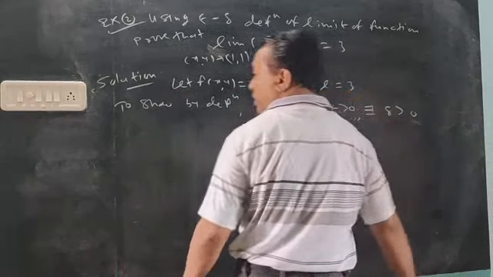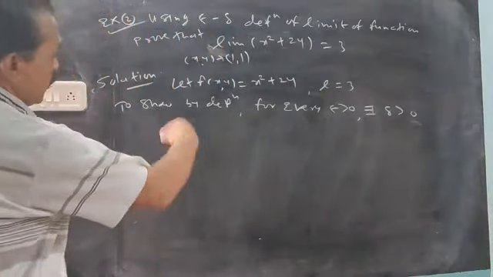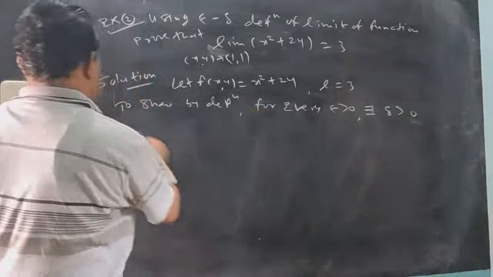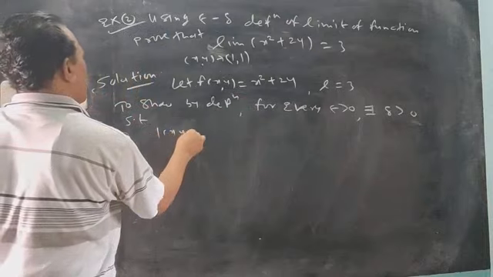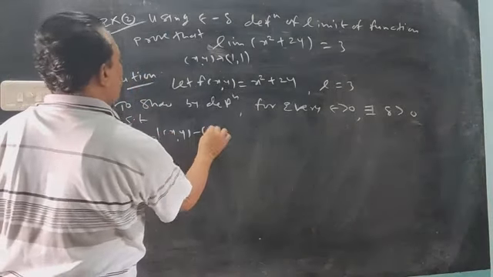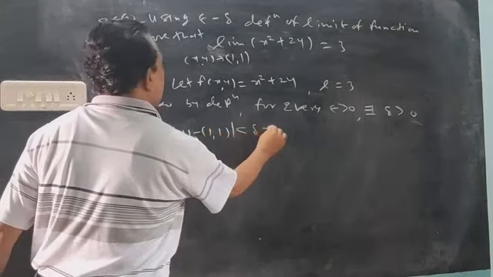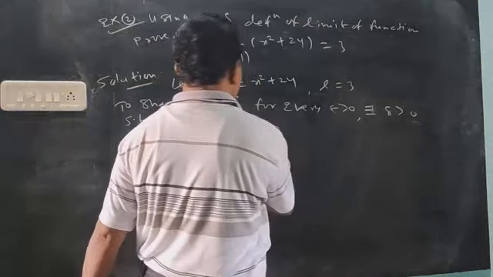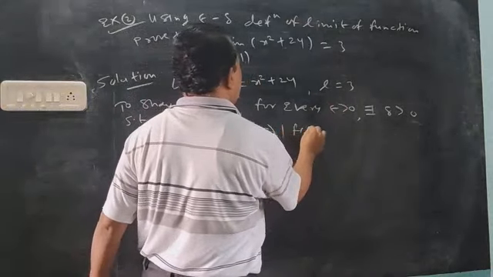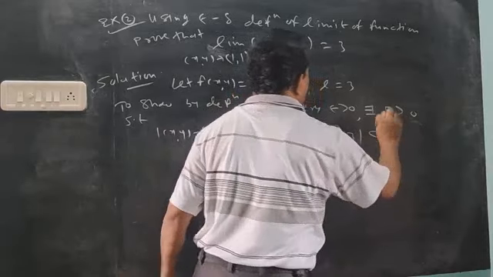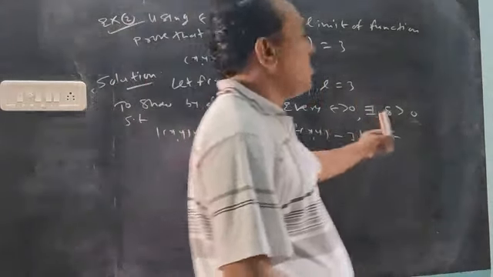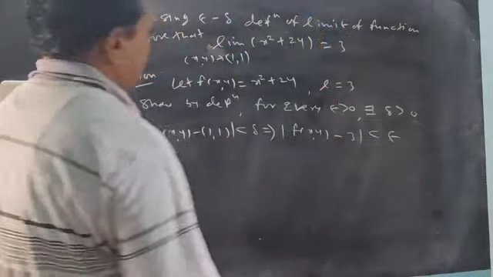Epsilon is known to us, delta is unknown, such that the mod of (x, y) minus the point (1, 1) is less than delta. Then we have to show that the function minus the limit 3 is less than epsilon. Epsilon we do not get, we have to choose it.